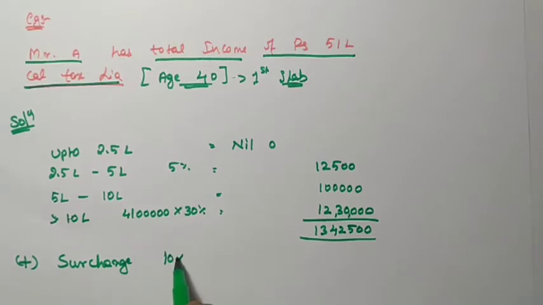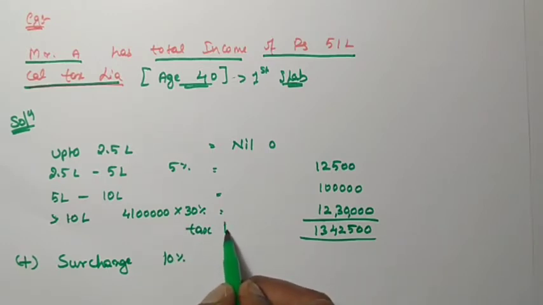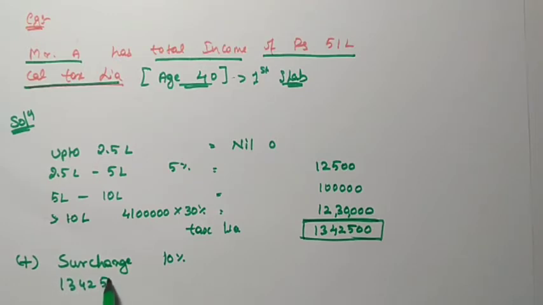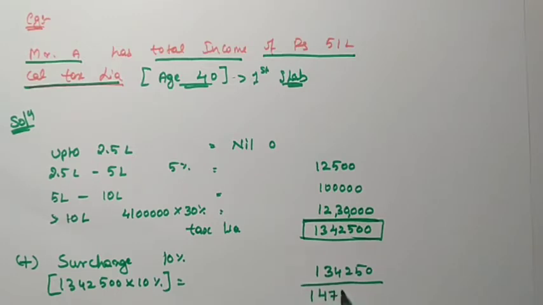Surcharge is 10% on basic tax. 13,42,500 into 10% is 1,34,250. So total will be 14,76,750.